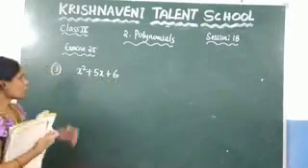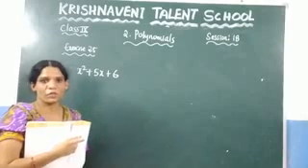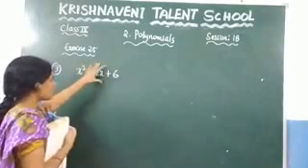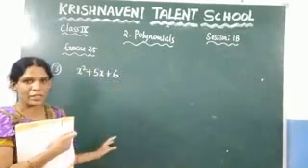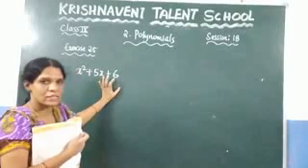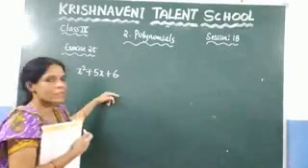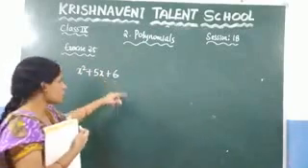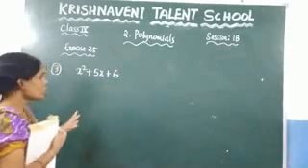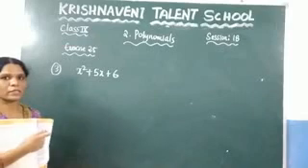Here we cannot express this one in the form of a square plus 2ab plus b square. Clearly you can observe that something similar is there, but it is not like that, because we cannot write this 6 as some number square. You know that 2 square is 4, 3 square is 9, but you are not getting 6 by taking the square of any number. So for this reason you cannot apply that identity.